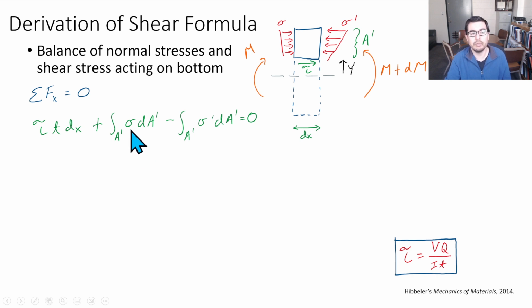Similarly, we have a force due to a bending stress summed over this side. We have a force due to a stress, sigma prime, on this side, and they're both acting over dA primes, but one is on this side and one is on this side. This one's going this way, which we'll call negative, as we're saying that to the right is positive.